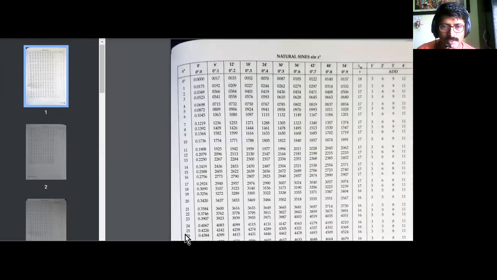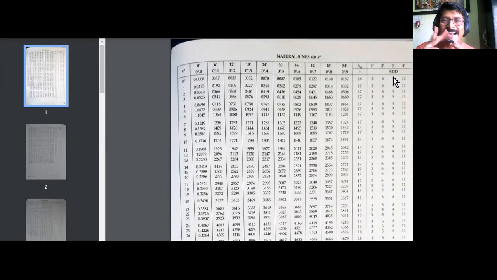And 26 degrees 30 minutes is going to be 0.4462 plus 5, so 0.4467. The mean difference gets added to the last digit, the unit digit.